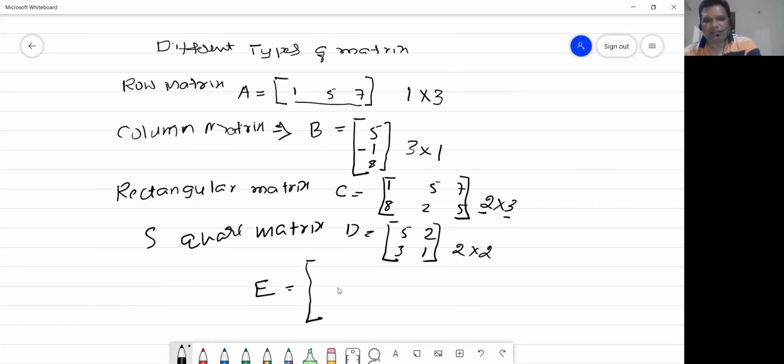It is a 3 by 3 matrix: -1, 0, 2, 5, 3, 4, 9, 7, 4. Number of rows is equal to number of columns. The order is 3 by 3, 3 rows and 3 columns.